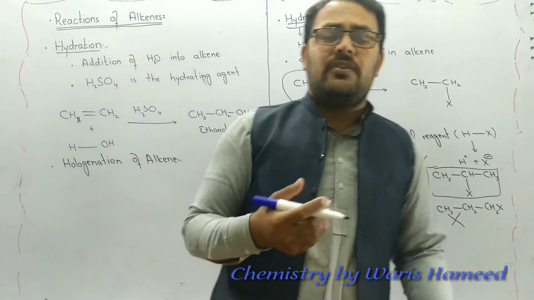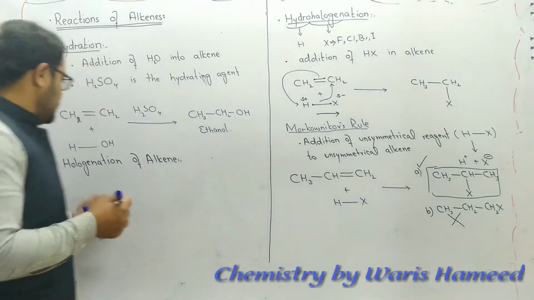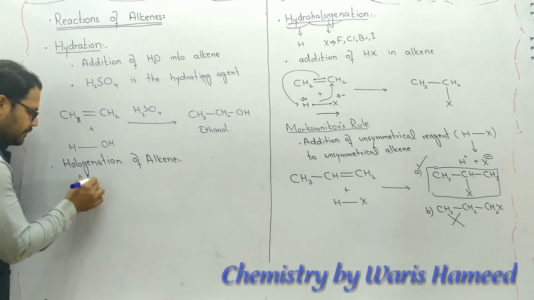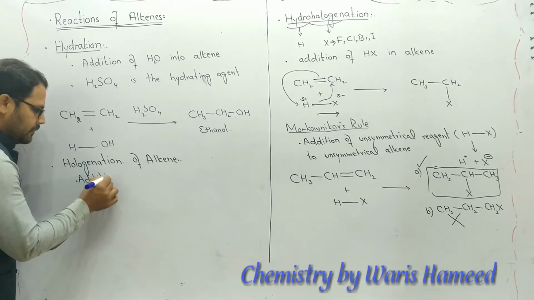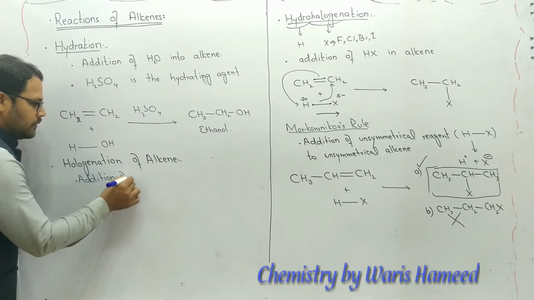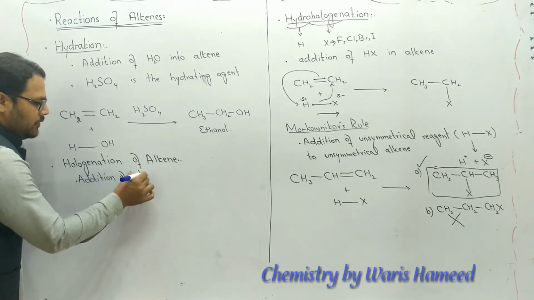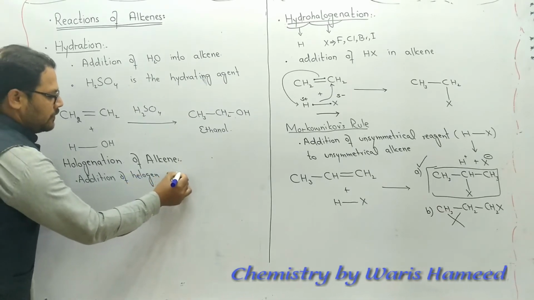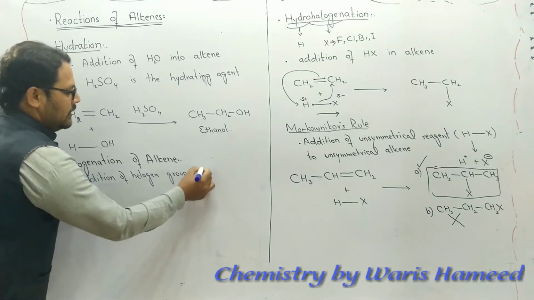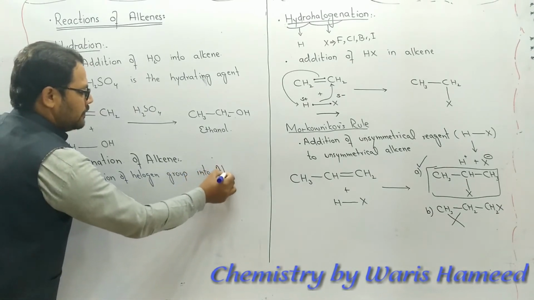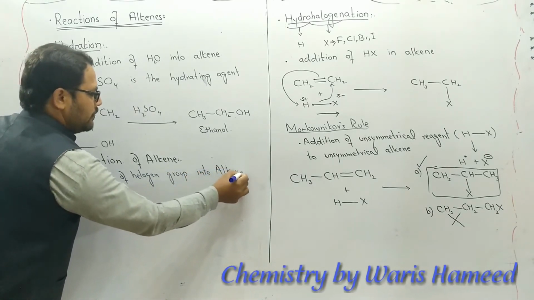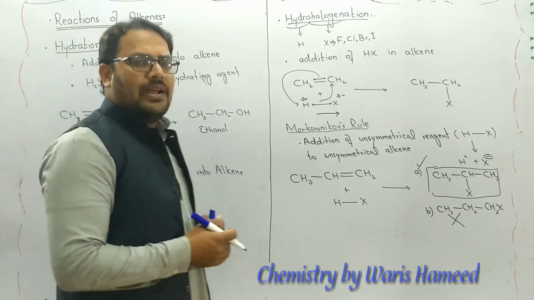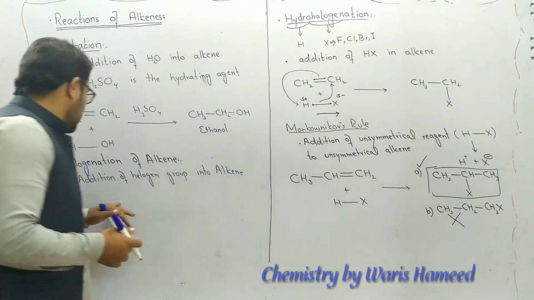Halogenation is the addition of a halogen group into alkene. And we use carbon tetrachloride for this reaction.